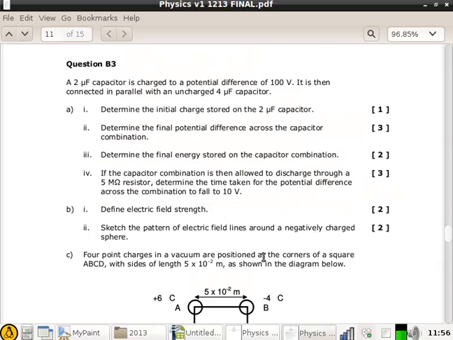So 2 people have the right answer so far. Anyone else? Correct. You have the answer? Okay.